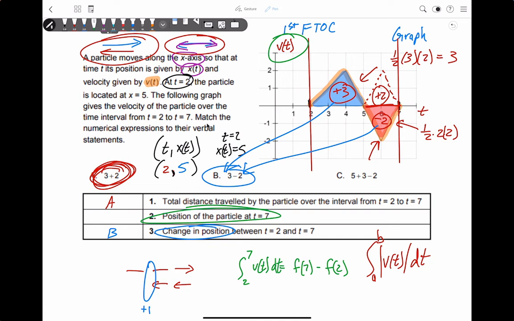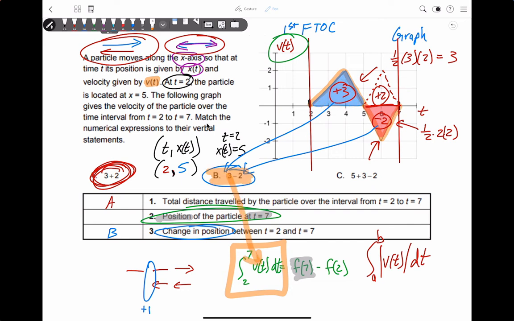So when I'm looking for the position at 7, I'm looking for this. I already know that all of this is displacement. Let me highlight this in orange. All of this is displacement. It's the area underneath the curve that accounts for the positive and the negative combined together that got me a positive 1. So that displacement is here.